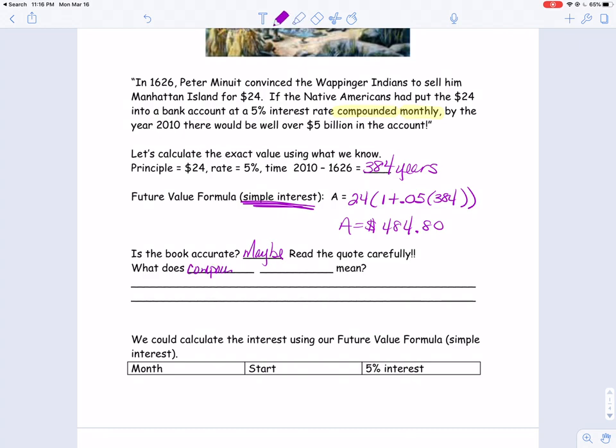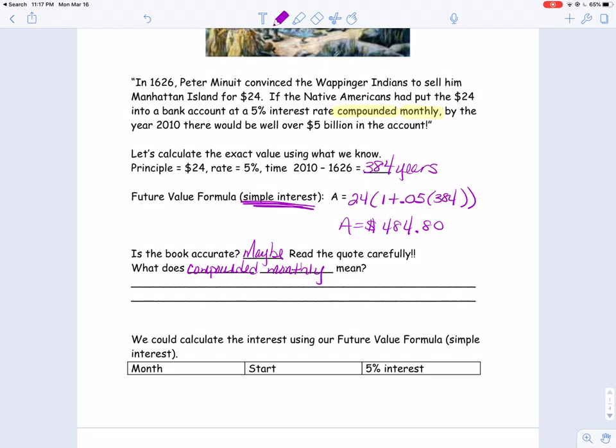Compounded monthly. Now, monthly is typically what you would expect. You pay credit cards monthly. You pay car payments monthly. You pay mortgages monthly. If you deposit money into a CD, you earn interest monthly.